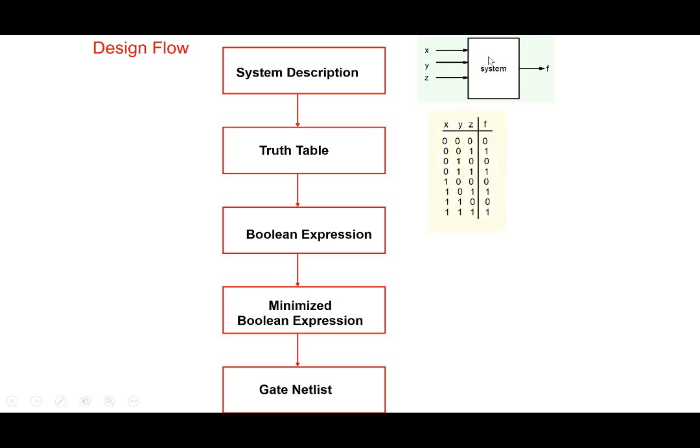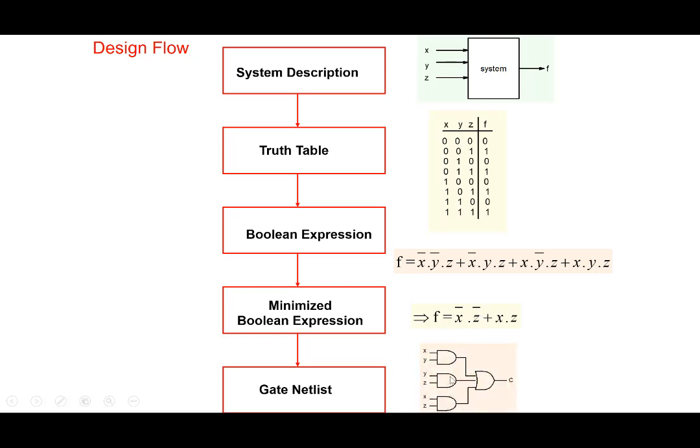And then capture the relationship between input and output in the form of a truth table here, convert it into a Boolean expression, minimize the Boolean expression, then map it onto a network of gates. And we have not shown here, each one of those gates is implemented using, let's say, N-type and P-type MOSFETs. And then you get a digital circuit that would perform the function that is intended in this particular functional relationship here.